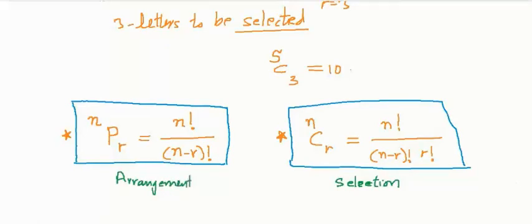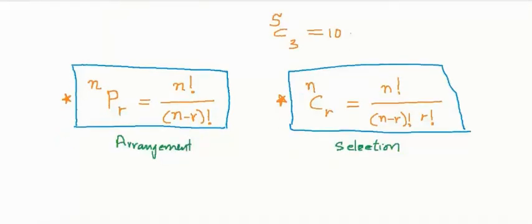Again, I will write so that you remember that for NPR order matters, which means AB is different from BA, and for NCR order doesn't matter, so AB and BA will be the same selection and counted once.